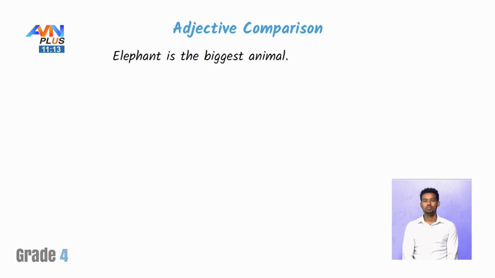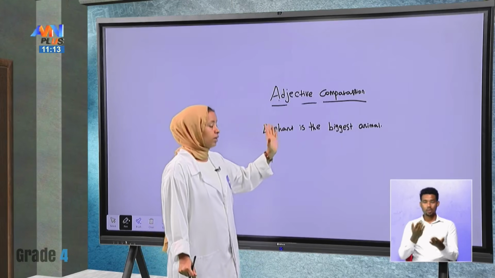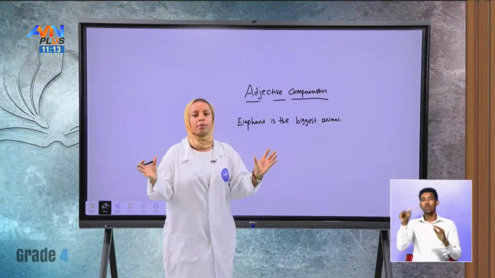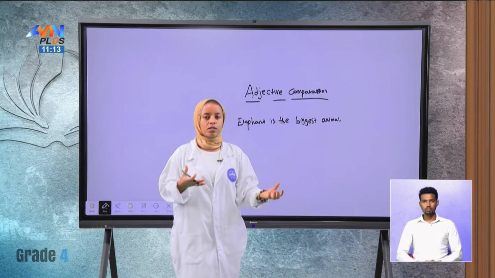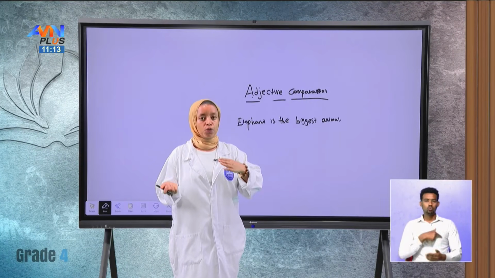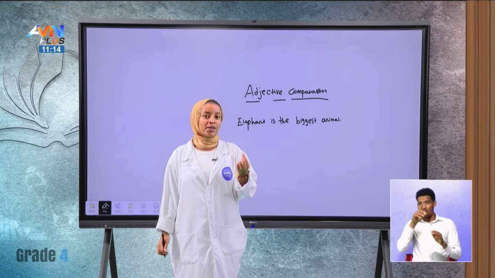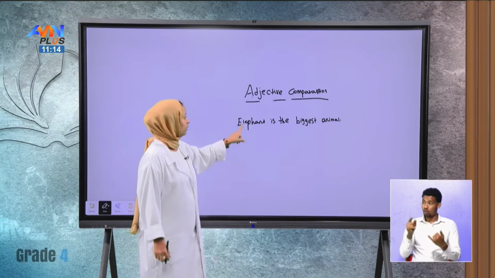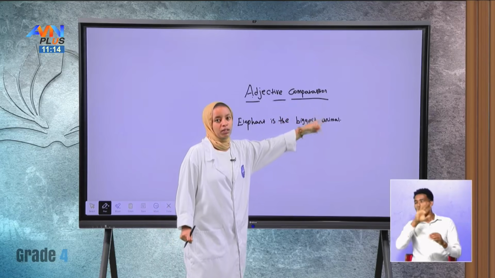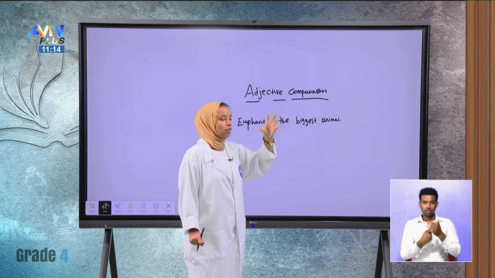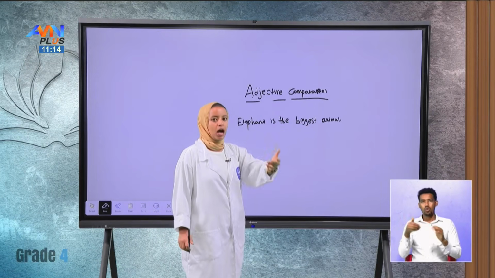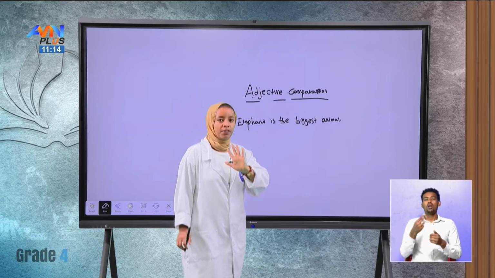We are comparing elephant with the whole animals, maybe wild animals. Before, when we compared elephant only with lion, it was two things. But here, with the whole animal kingdom: one thing with the whole group. This is how we are using superlative adjective.